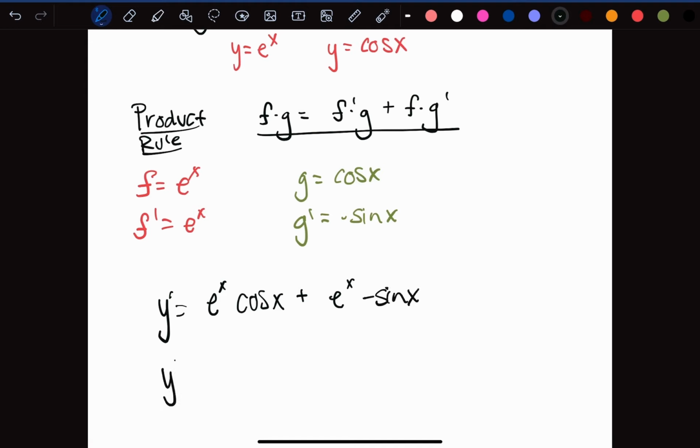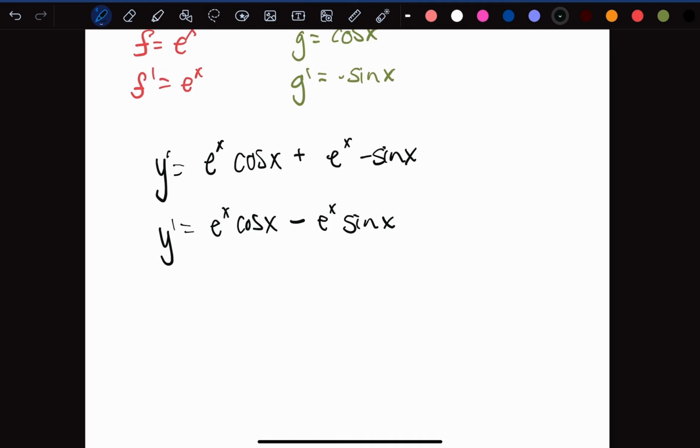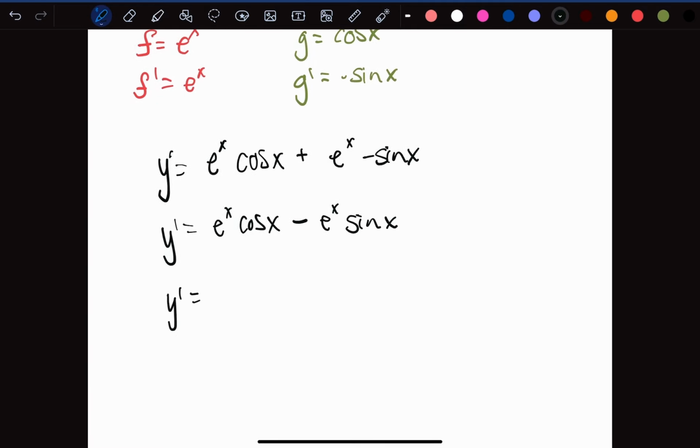So let's rewrite this one more time as e to the x cosine x minus e to the x times sine x. You could also write this as e to the x times cosine x minus sine x.